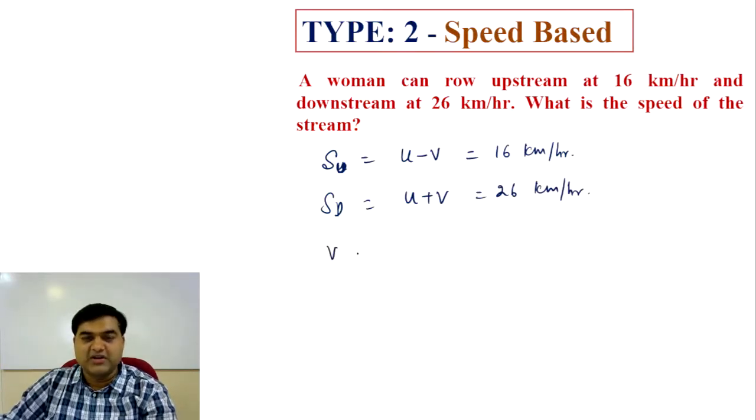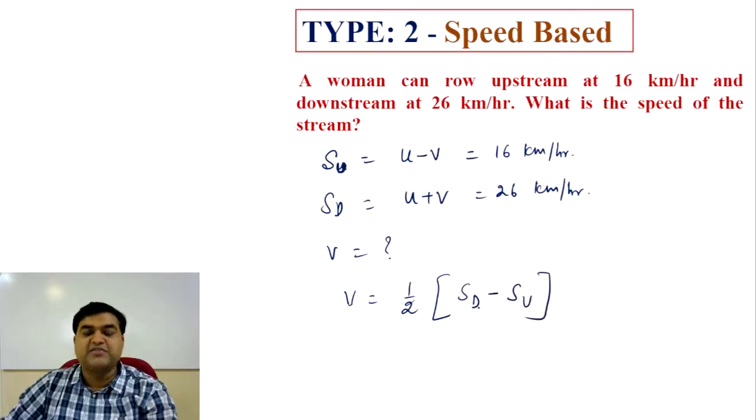They are asking for v. We know v is equal to what? In the concept we have seen, v is equal to half of the difference of the speed of downstream and the speed of upstream, right?